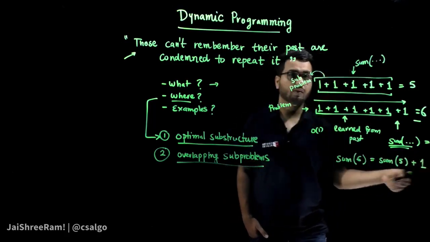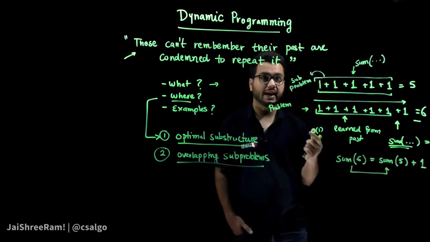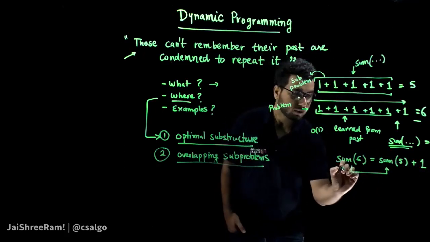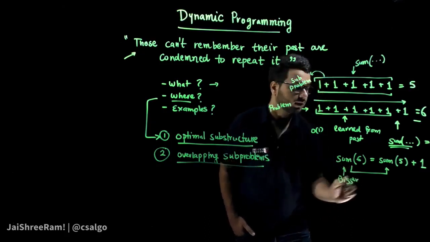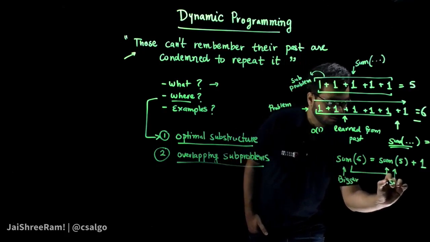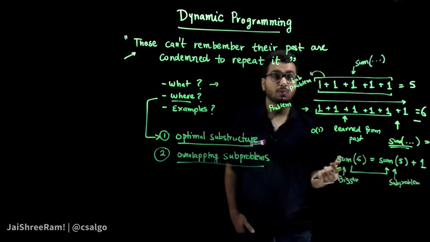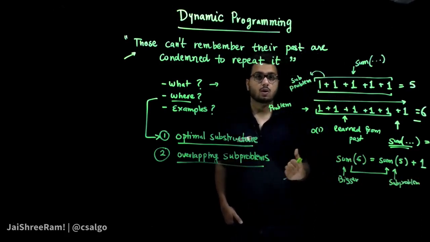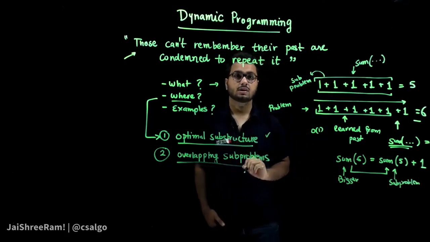So you can see it follows optimal substructure. You can express a bigger problem in terms of smaller subproblems. This property of expressing a bigger problem in terms of subproblems is called optimal substructure.